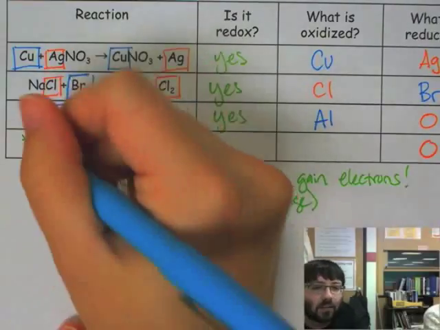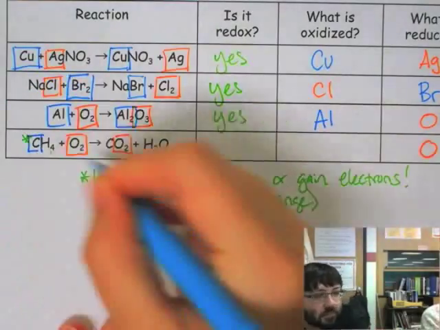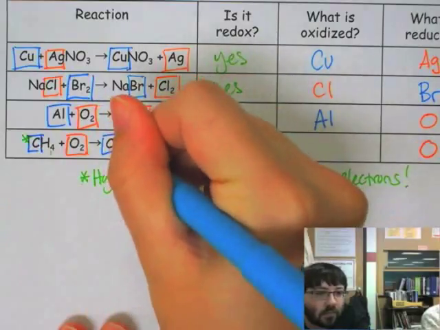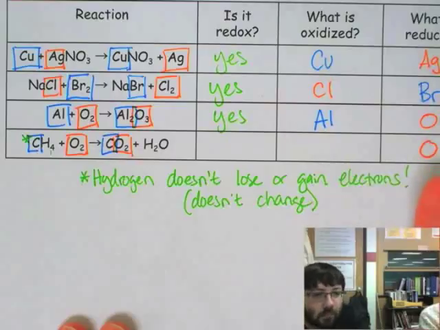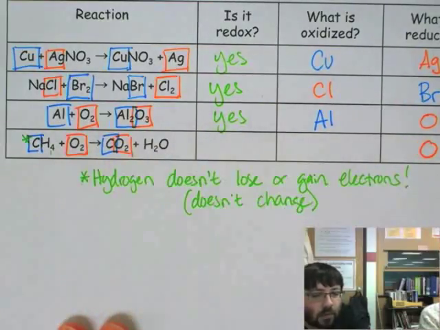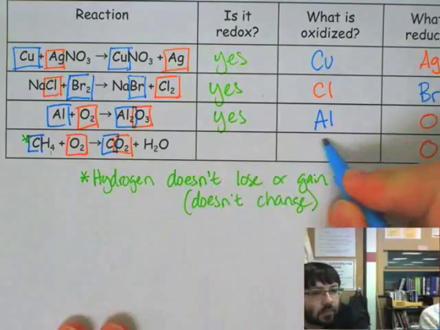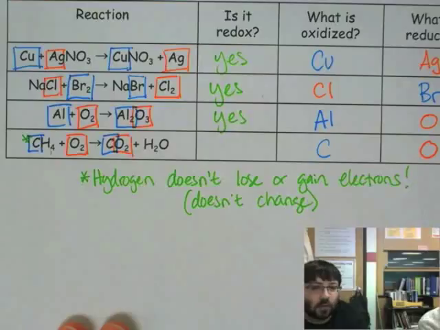Because hydrogen didn't change, we now know that carbon had to have been the one that was losing its electrons. Since carbon was losing its electrons, that's the one that was being oxidized. So in the CH4, the methane, it went from taking the electrons to being in CO2 where it's giving the electrons.